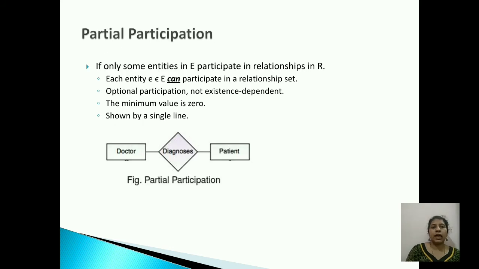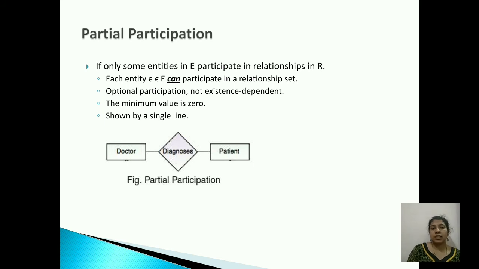There are two types, partial participation and total participation. If only some entities in entity type E participate in relationship R, then it is called partial participation. That means each entity in entity type E can participate in a relationship set. What does partial mean here?